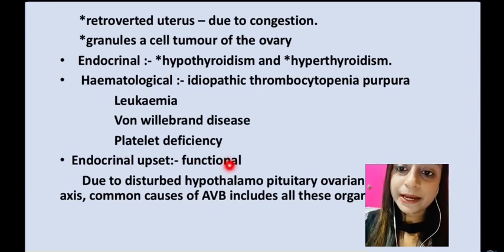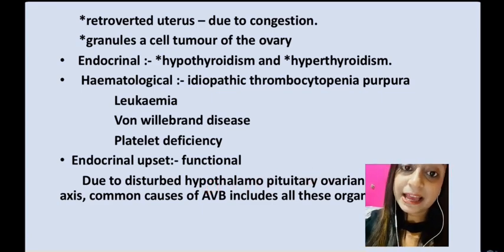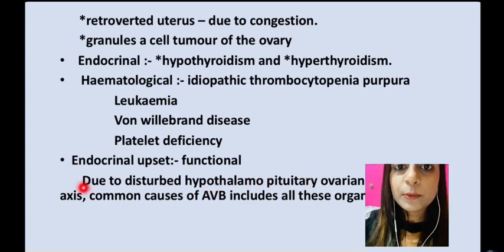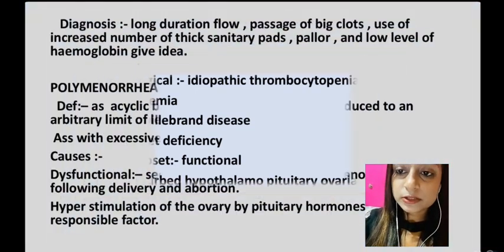The fourth is endocrinal upset, which is functional, due to a disturbed hypothalamo-pituitary-ovarian endometrial axis. This is the common cause of abnormal vaginal bleeding and includes all these organic causes.